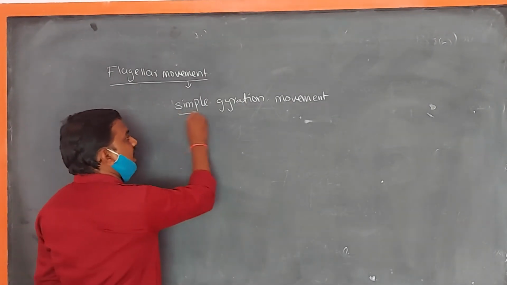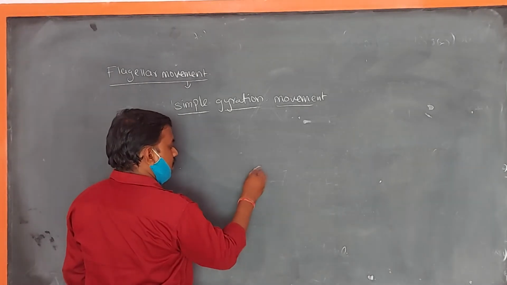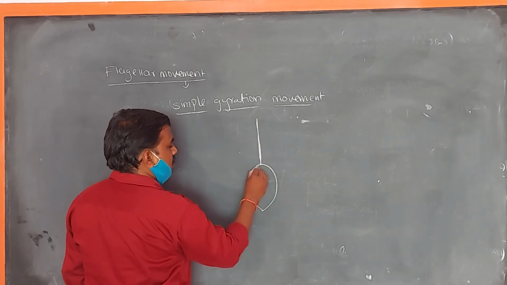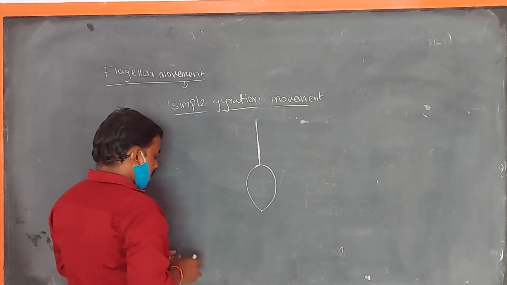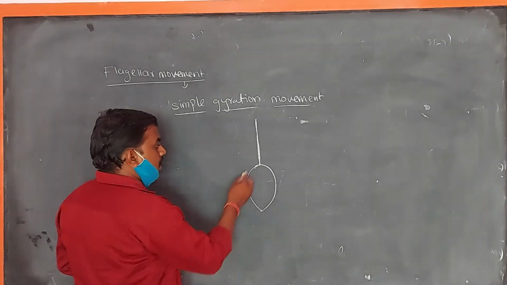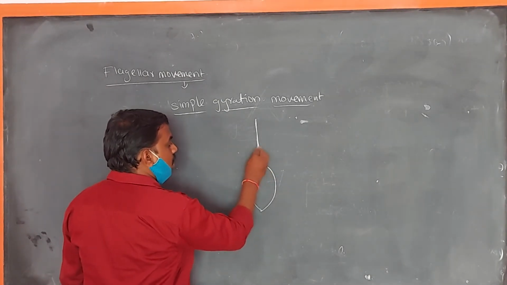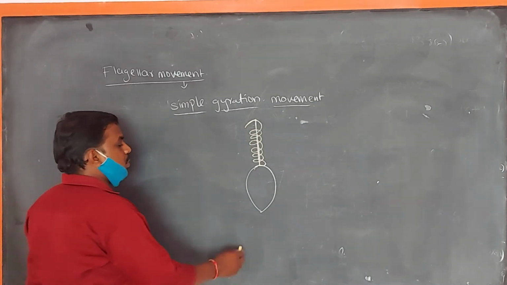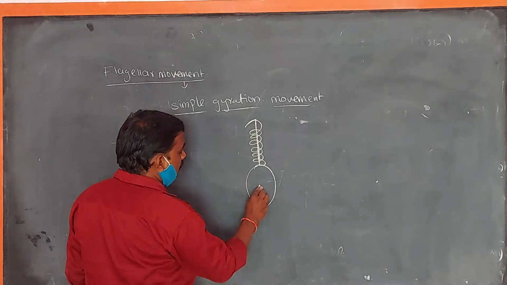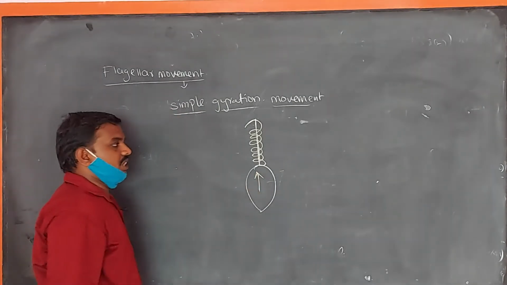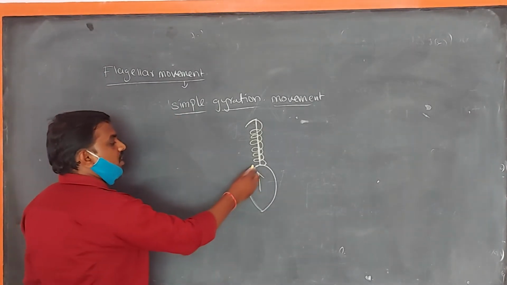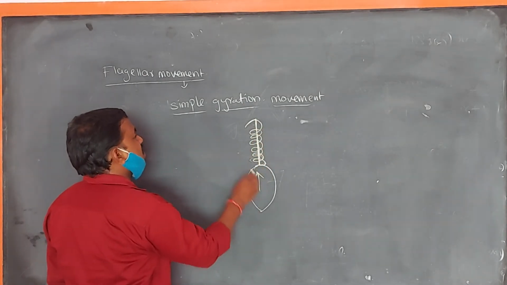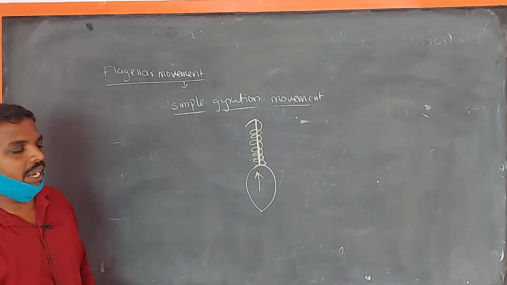In this simple gyration movement, this is the organism, this is the axis, and these are the flagella. The flagellum turns like a screw, and the organism moves in a forward direction, turning like a screw on its own axis. It is also called the simple gyration movement.